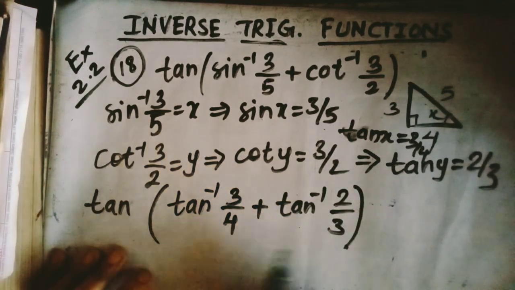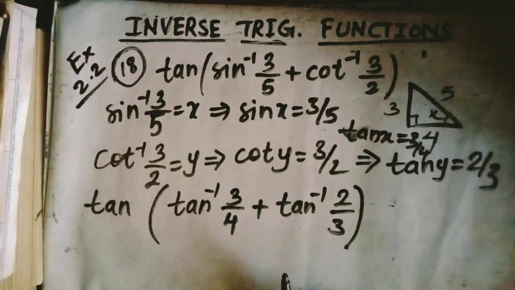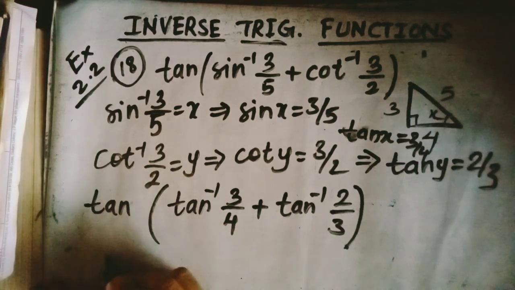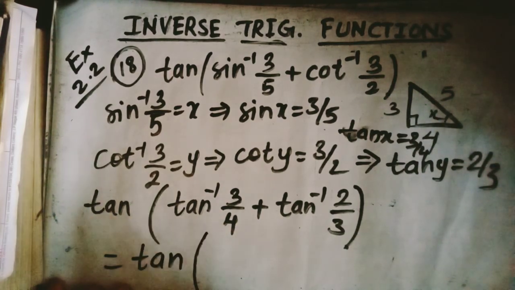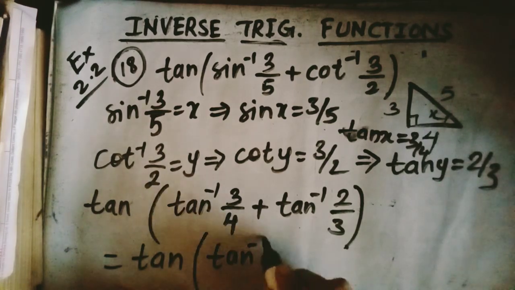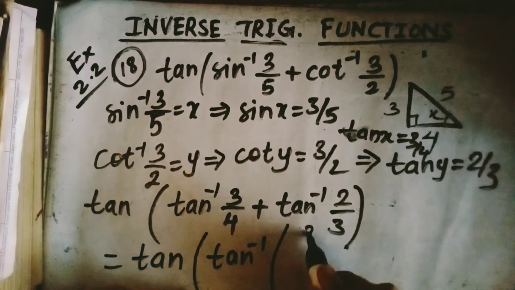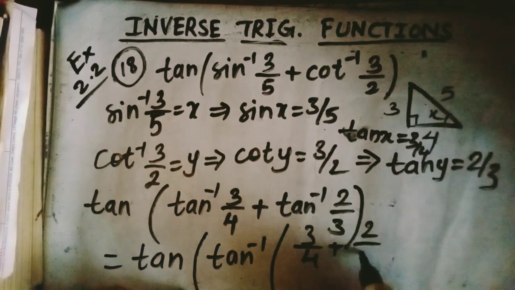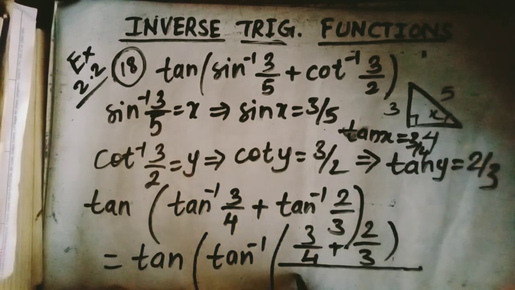Now you have to use the tan inverse x plus tan inverse y formula. So we will get tan of tan inverse of 3 upon 4 plus 2 upon 3, upon 1 minus 3 by 4 into 2 by 3.